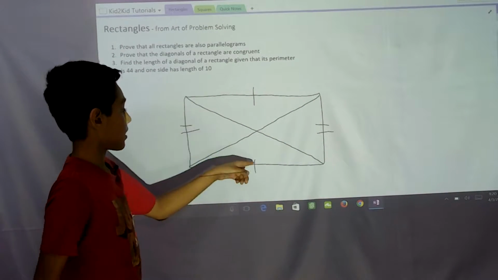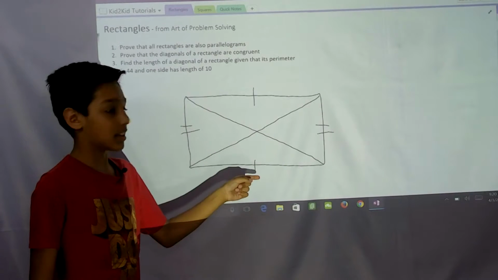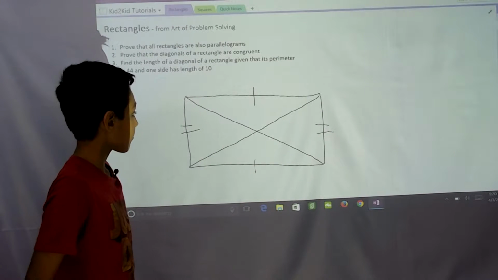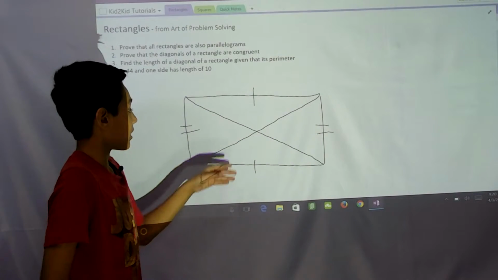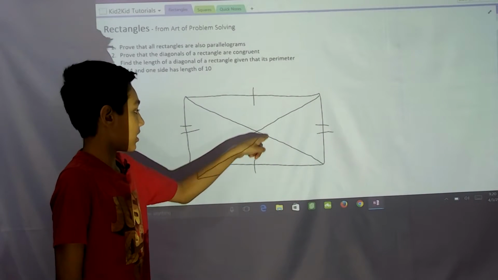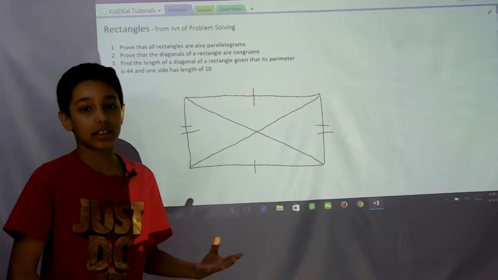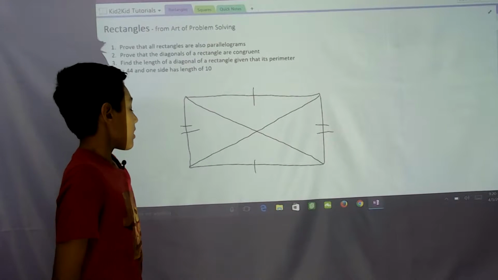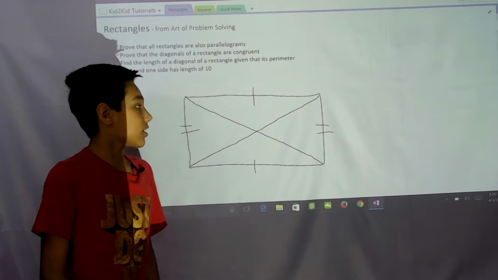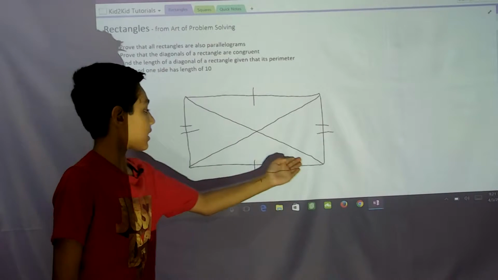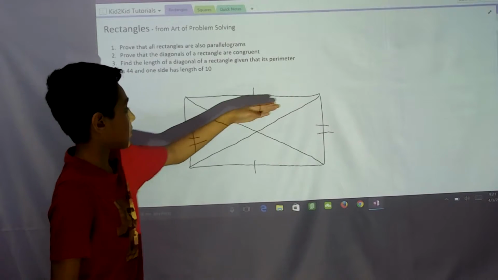Side, so they both share this side, so this side is equal, that's one side. And then another side, these two. And then this angle right here is equal to this angle right here, using vertical angles. So we know that these are congruent by side angle side. So this diagonal must be equal to this diagonal.